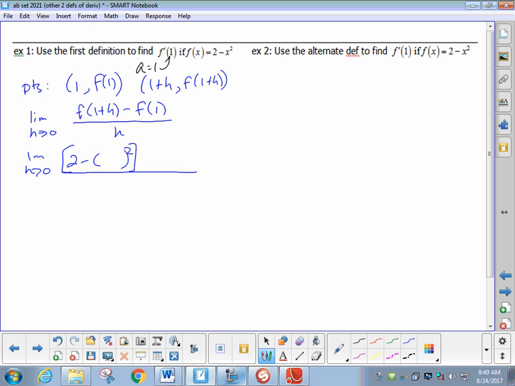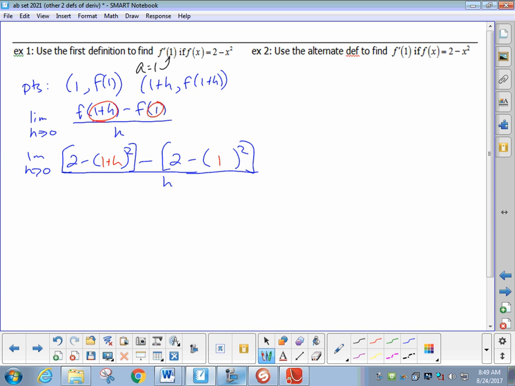All right? And I'm going to actually do that twice. 2 minus whatever you put in squared, because I have two function statements there. The first thing I put in is 1 plus h, yeah? And in the second expression, the thing I put in is 1. And it's still over h.